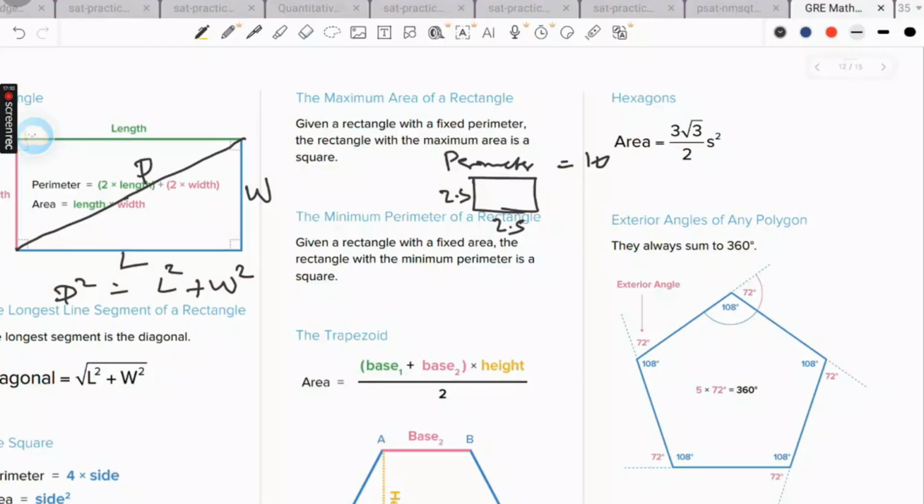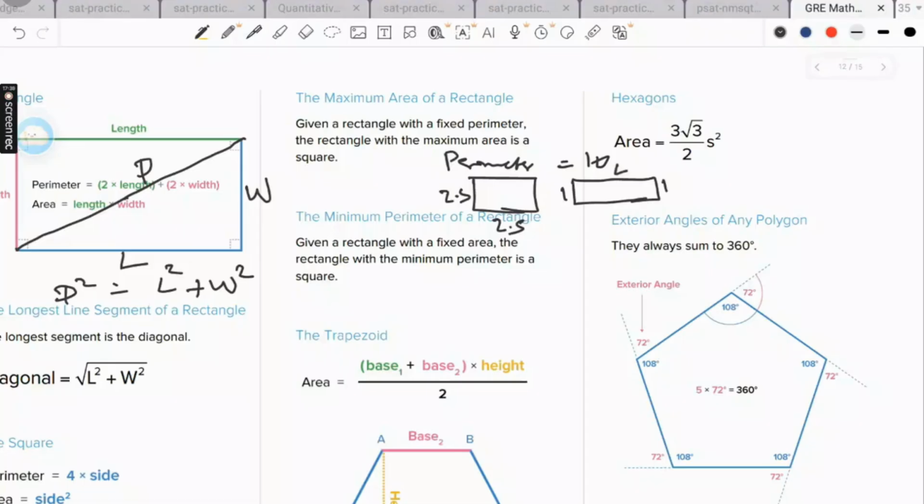Let me just give you a clue of what this means. Try another arrangement. Let's say that here is 1 and here is 1. If here is 1 and here is 1, what is remaining? 10 minus 2, so what is remaining is 8.